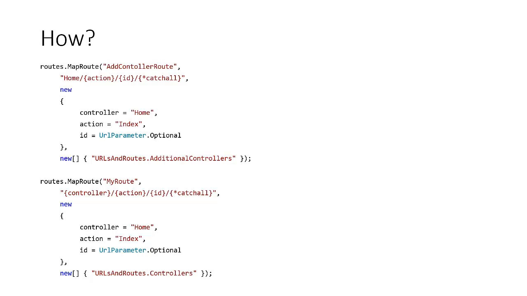Comparing that to the second route, which is the traditional catch-all route of take the first segment of the URL, the second segment, and the third segment, and attempt to map them to controller/action/ID, that will look for any controllers that match inside of the URLs and routes.controllers. So these are two different namespaces, .additional controllers versus .controllers, and this is basically a find and seek order that MVC will take on.